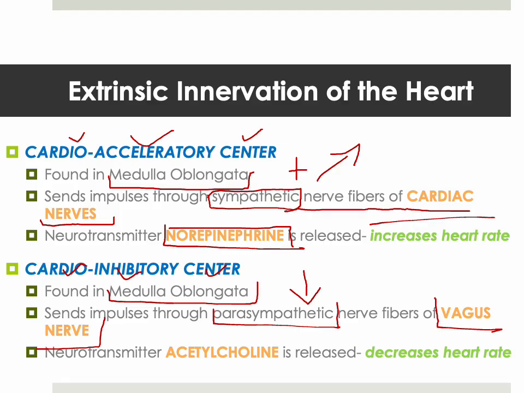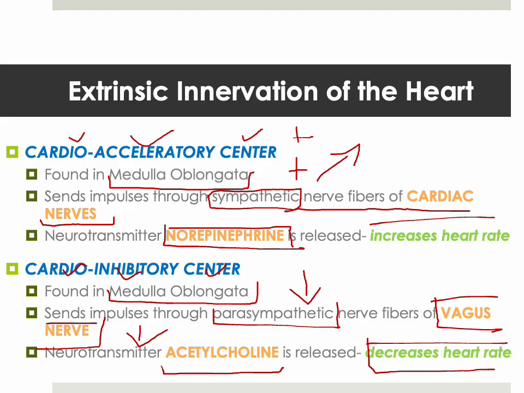I have told you about the Valsalva maneuver. When we bear down, we are creating a vagal response, decreasing the heart rate. The neurotransmitter used is acetylcholine, and this one decreases the heart rate. So the acceleratory increases and the inhibitory decreases.